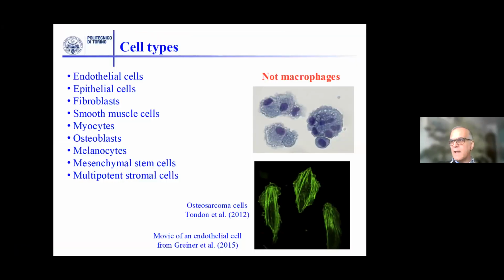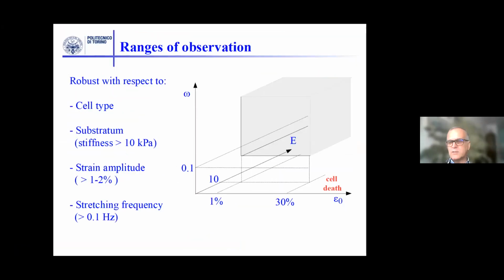But there are other things that actually are surprising. The phenomenon is robust with respect to substratum stiffness, as long as the substratum is stiff enough, larger than 10 kilopascal, the strain amplitude is large enough, 1–2%, and the stretching frequency is high enough.